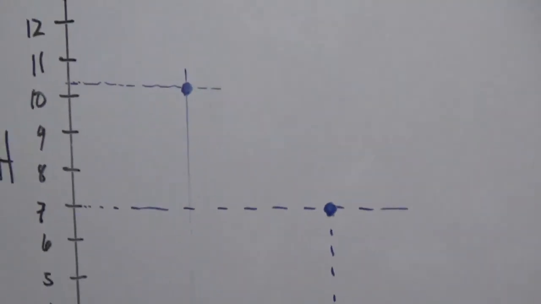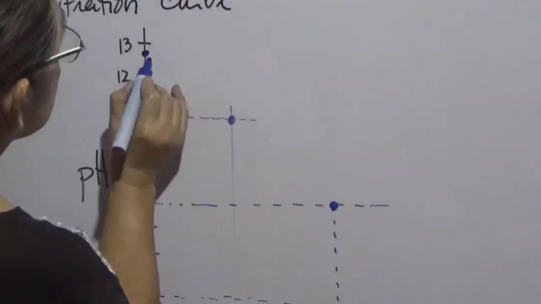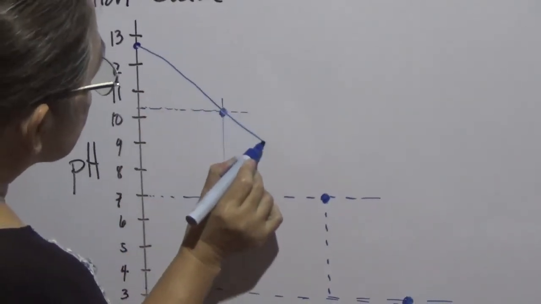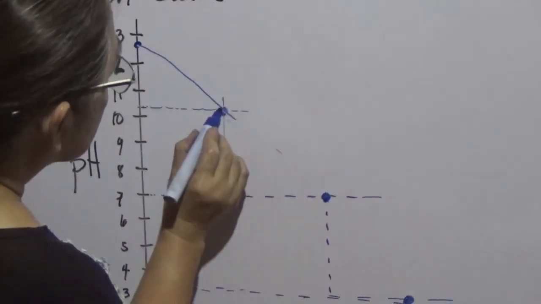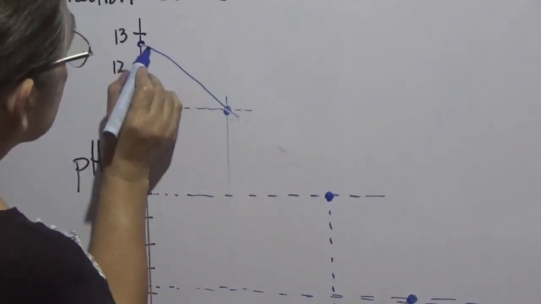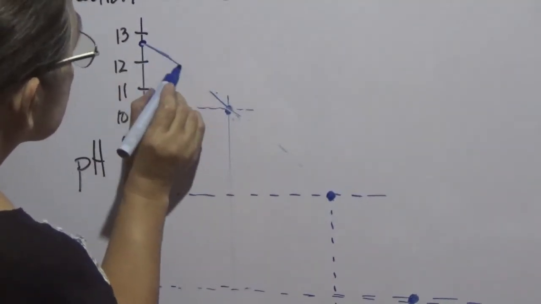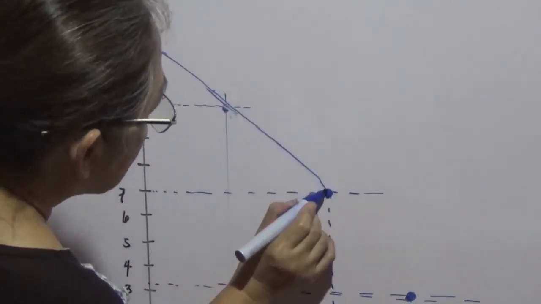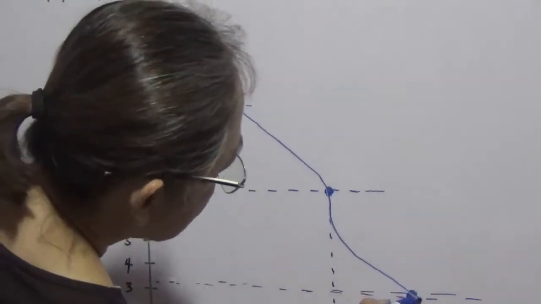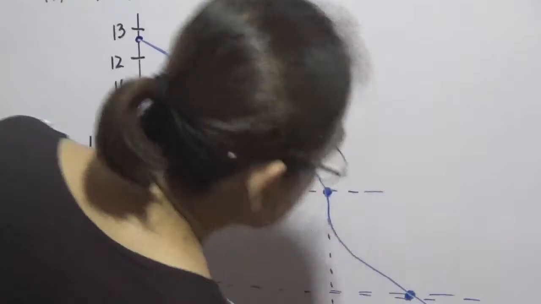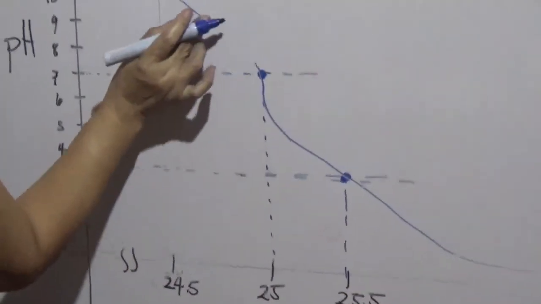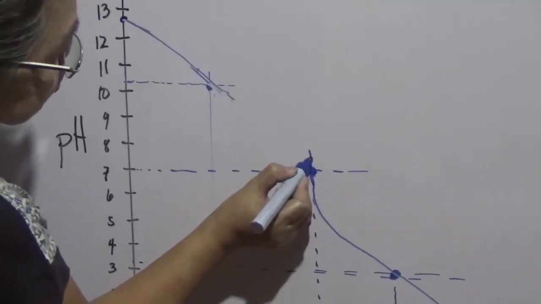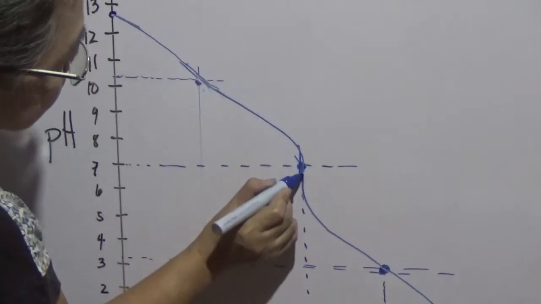Take note of the form of the graph for the titration curve. So this must be drawn like this. Excuse my drawing. It's going to be somewhere here. It's around like this, going there, and it will be an asymptote. Somewhere in this portion, it will be somewhat straight here.